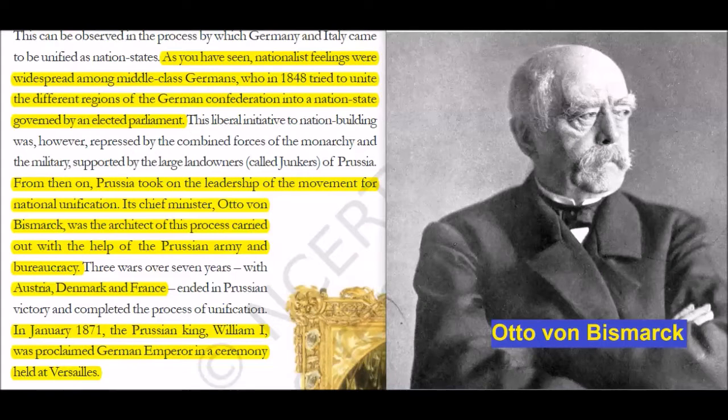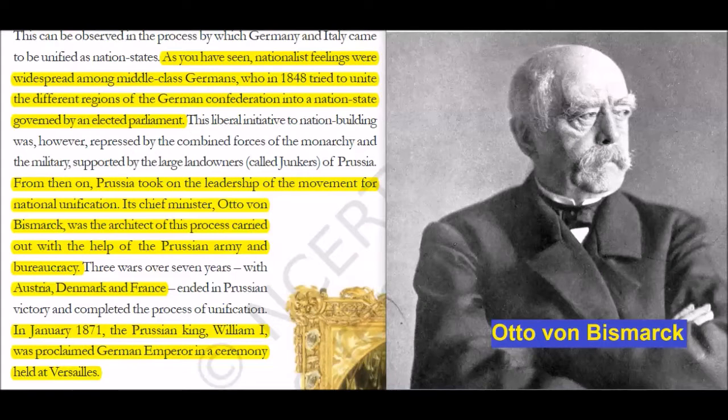He carried out this process with the help of the Prussian army and bureaucracy. Three wars were fought over 7 years with Austria, Denmark, and France. Prussia got the victory and completed the process of unification of Germany.